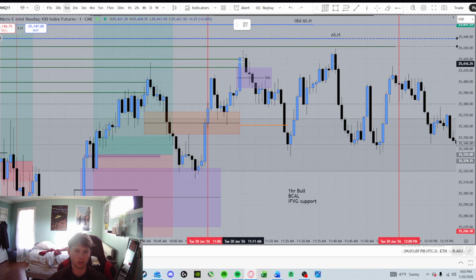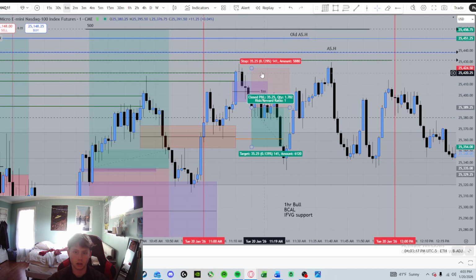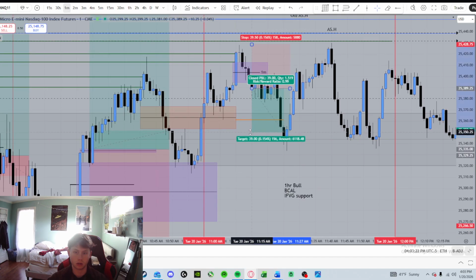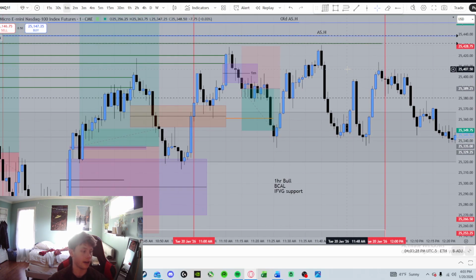So pretty much you're looking for an inverse of this 1 minute in this leg here. And so the entry would be here. And then you put the stop loss here, and then you would target a 1-to-1. So this trade would have worked. Just another recording of a different strategy.